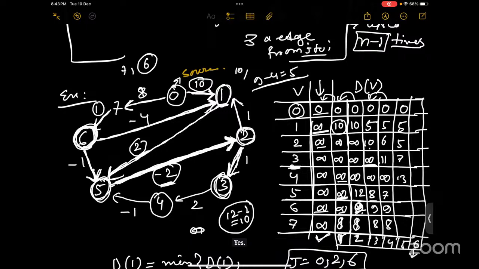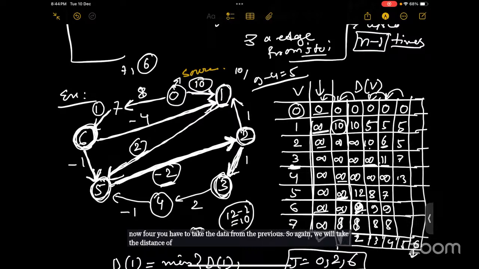For 3 it should be 6. 6 plus 1, 7. From 2, there is no outgoing edge. We are taking this data from this column. We will take data from the previous column, right? Yes, ma'am. 6 plus this one, so it will become 7. Now for 4, we have to take the data from the previous. So again, we take the distance of 3 as 11, then we add 2, so it will become 13, right? Yes, ma'am.